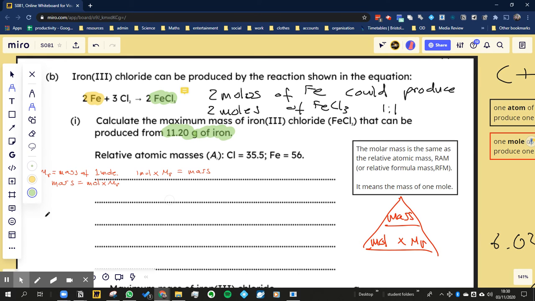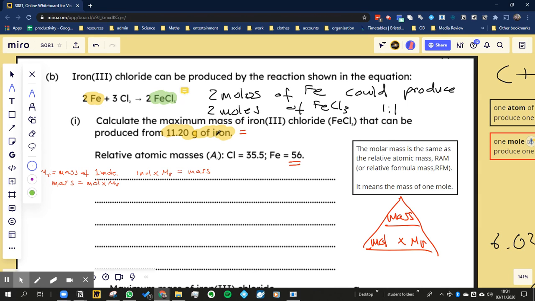So the first thing we're going to do is calculate how many moles that is. We're just working out the number of moles, and the molar mass of iron is here, 56. We're not interested in the reaction at the moment.